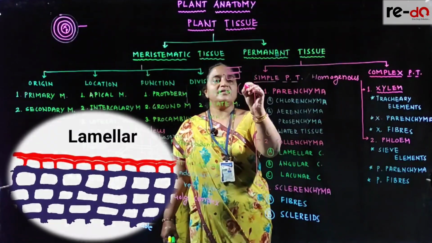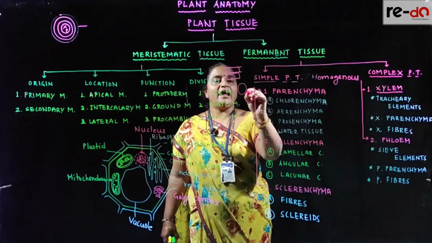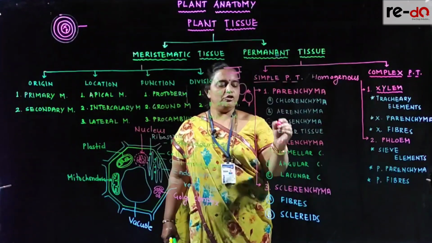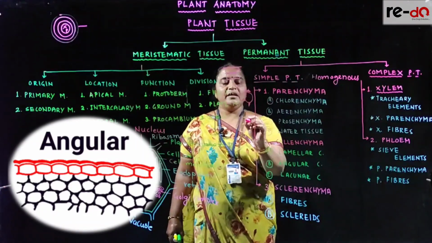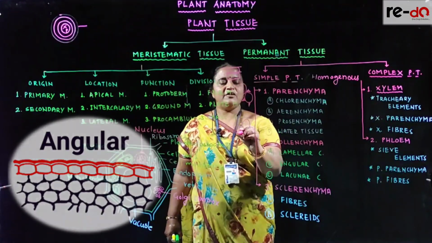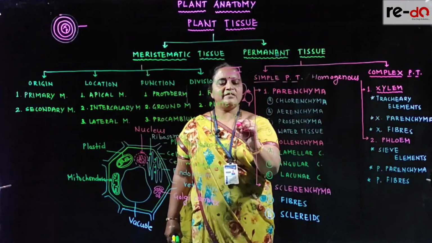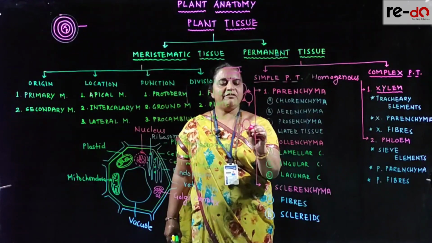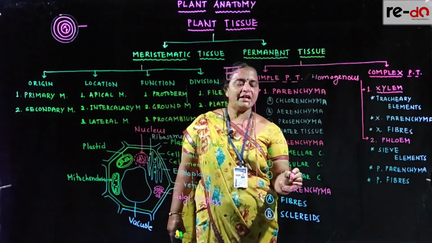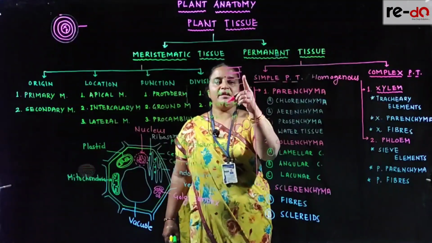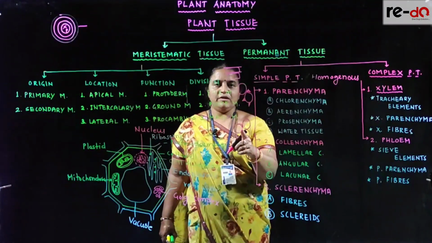If this is the collenchyma and at the angles we can see thickening of pectin, it is said to be angular collenchyma. And if the cells are loosely arranged, with the cell wall thick on all sides but leaving air-filled spaces in between, it is called lacunar collenchyma. So based on pectin deposition: lamellar, angular and lacunar.